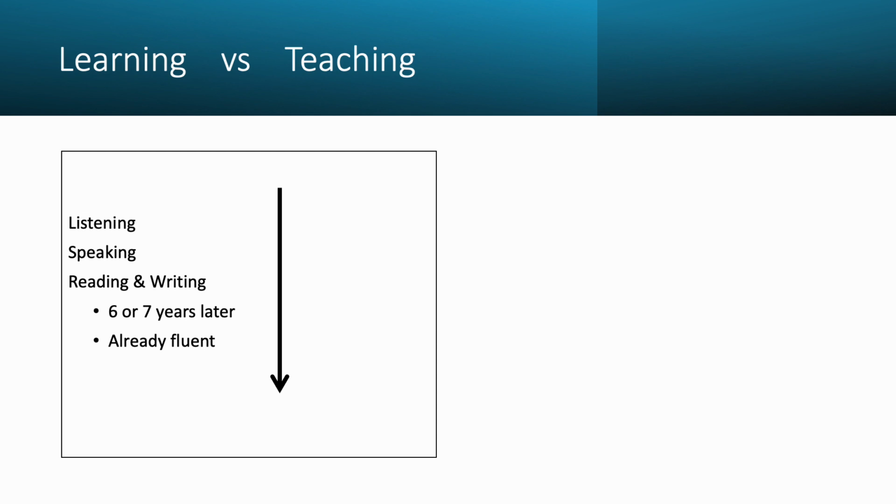So when we teach a language or when you're learning a language, it has to ideally follow this model and the natural order in which people acquire language. Sometimes we start with reading and writing the written language and expect it to bridge over to speaking and listening, but it doesn't always work like that.